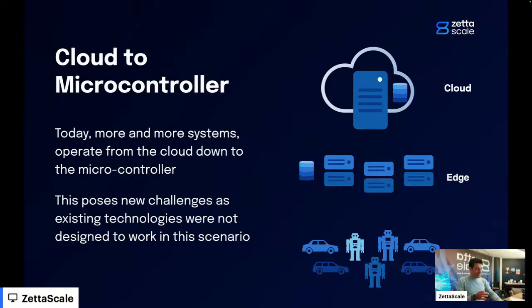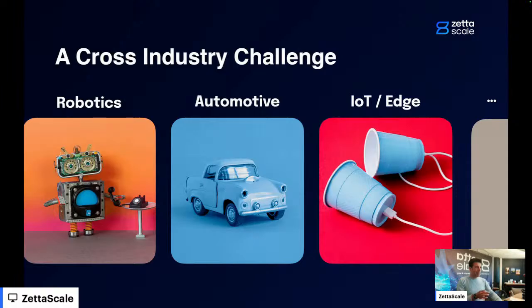And when trying to build this kind of system, so far, we were struggling. And this is a struggle that has been there in robotics, in automotive, in IoT and edge, in aerospace and defense. It is, in fact, a very cross-industry challenge.